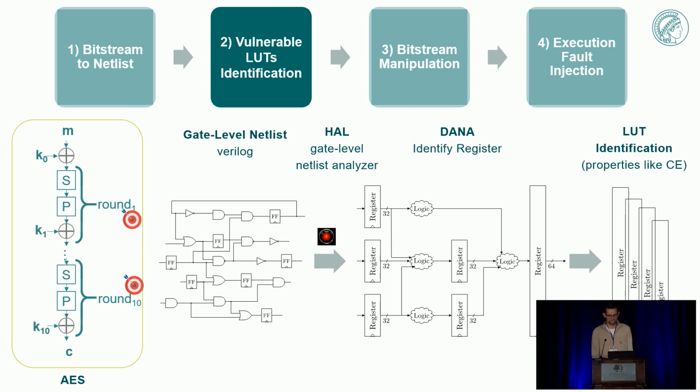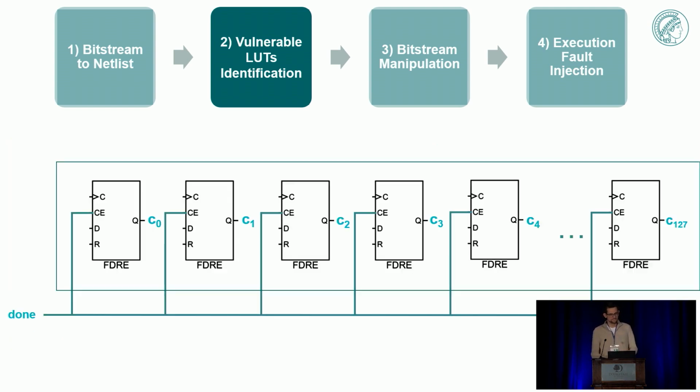So we get a bunch of registers out. And then we need to identify a single lookup table which we want to attack. So see here, you have these 128-bit registers, a bunch of flip-flops carried out together.